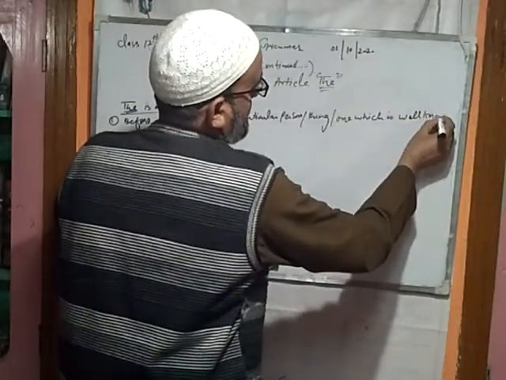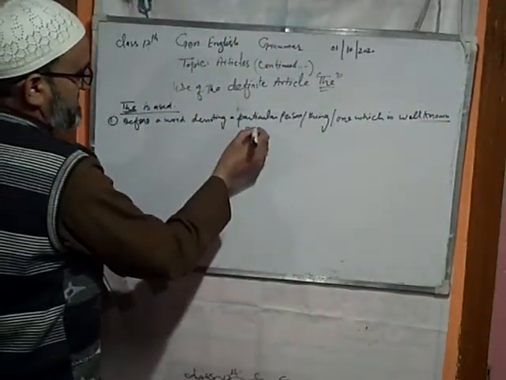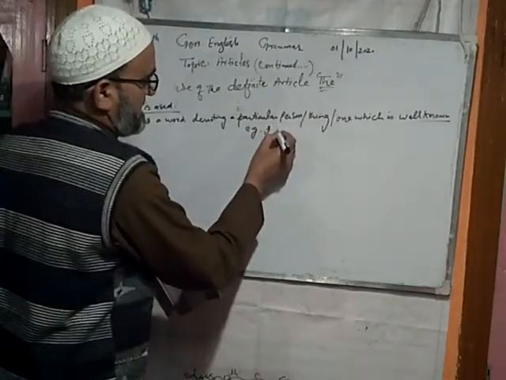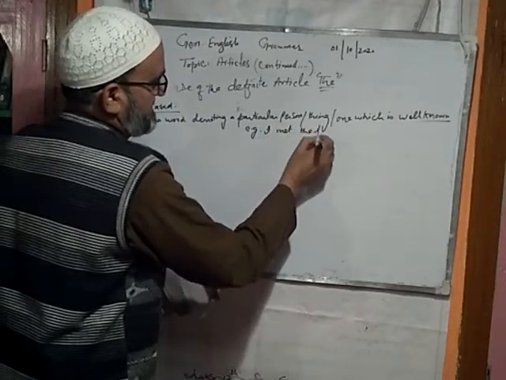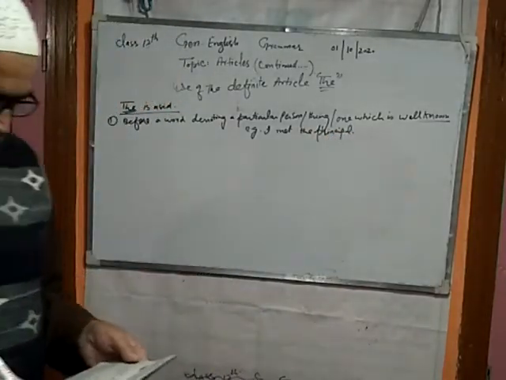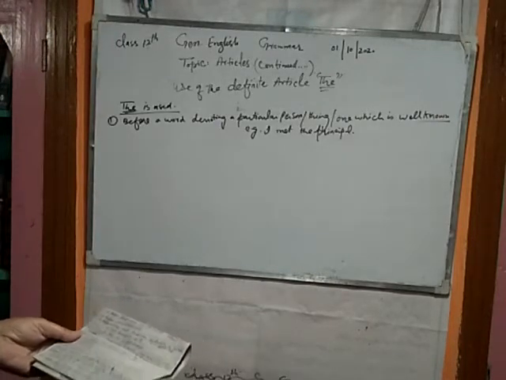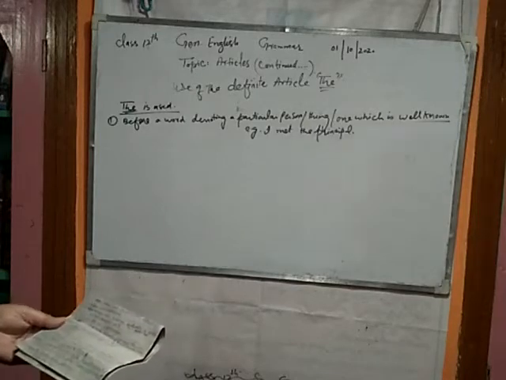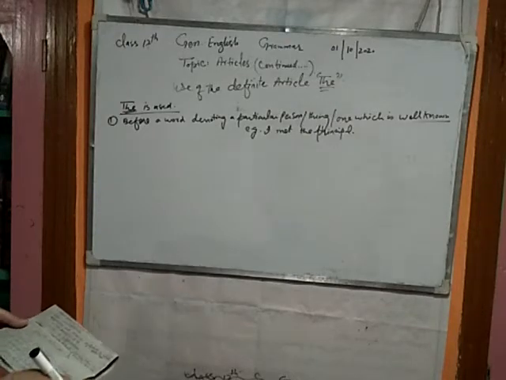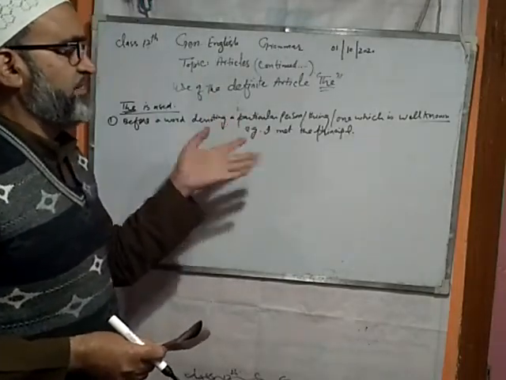For example, I met the principal. Yes, dear students, this is a particular person or a well known person. Likewise, another example, this is the pen that you gave me. I met the MLA. So the is used before a word denoting a particular person or thing or one which is well known.